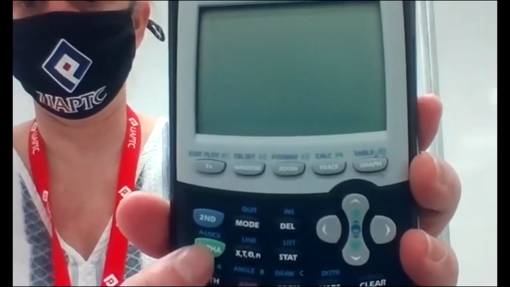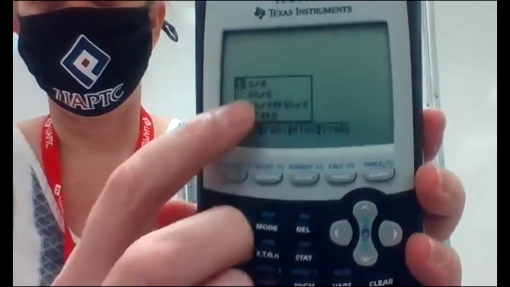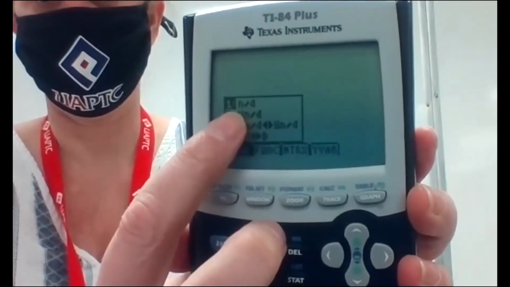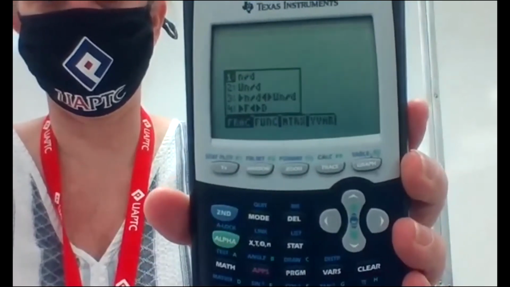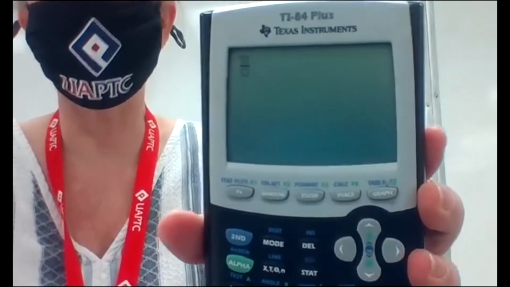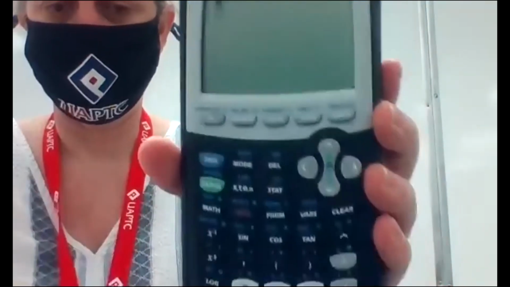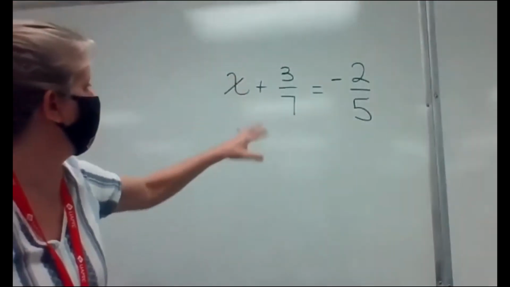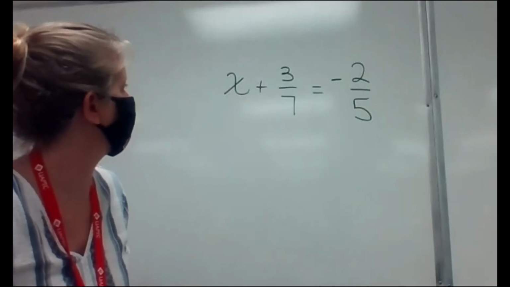So Alpha, Y equals, and then it brings it up. If it's just a simple fraction, you would just hit that, like 3/5 or whatever. Hit enter, and then you can enter your stuff in. It gives you the boxes to fill in. Okay, all right, I'll do it that way on this one.